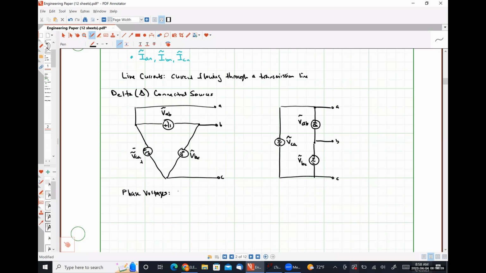VAB, VBC, and VCA. They're the voltages supplied by each phase of my source. Nothing hard there, okay? Here's where things are going to go a little bit confusing.